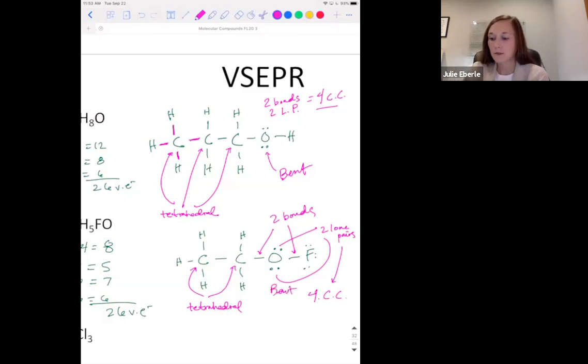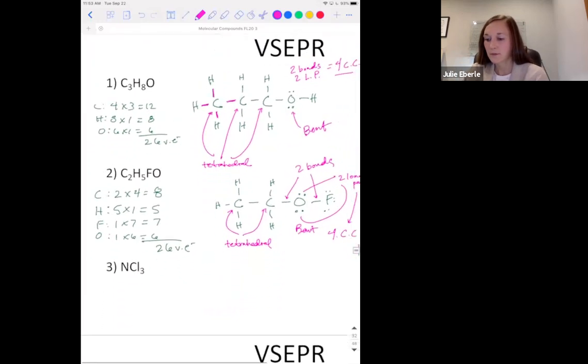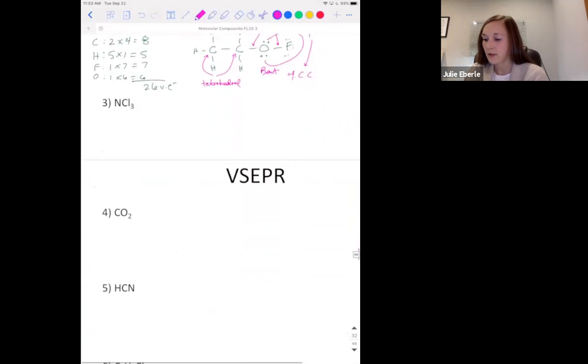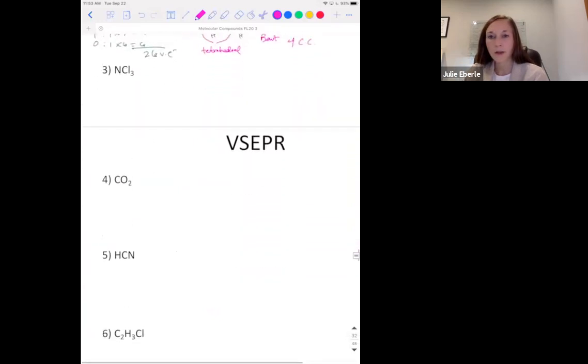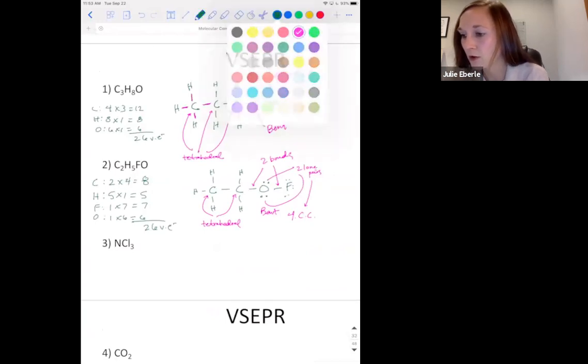Any questions? Let's do NCl3. I think I have even more down here, but I'll probably let you practice those on your own time for the extra practice. So NCl3, total number of valence electrons first before we draw the Lewis structure.